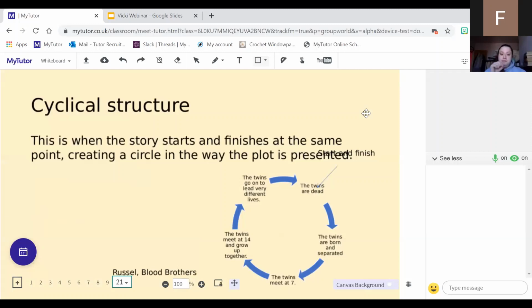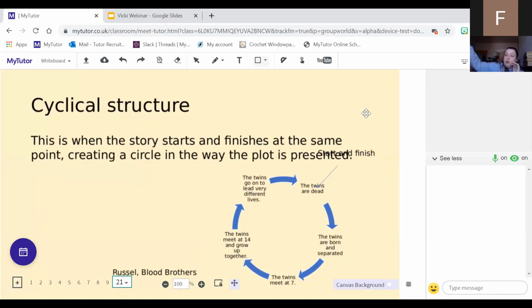Cyclical structure. So again, I've given you the example of Blood Brothers. So this is where in this instance the play starts and ends at the same point. So as you can see there, we've got the twins are dead. So it starts with people dead on the stage. Then the twins are born and separated.